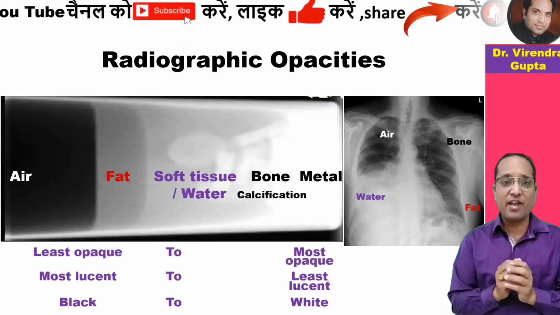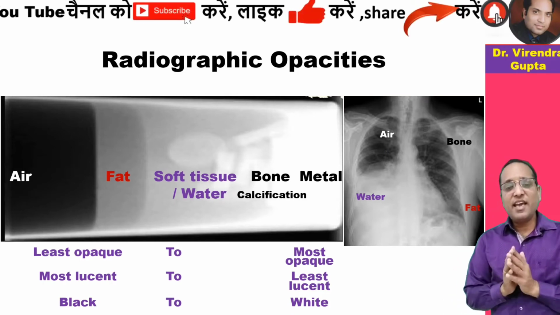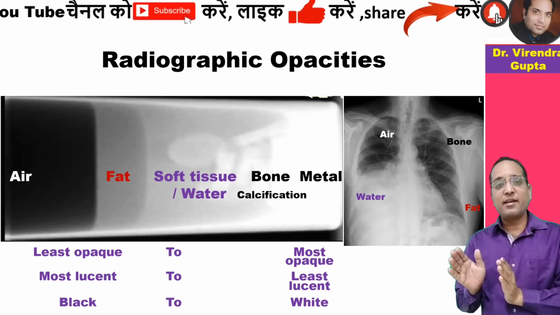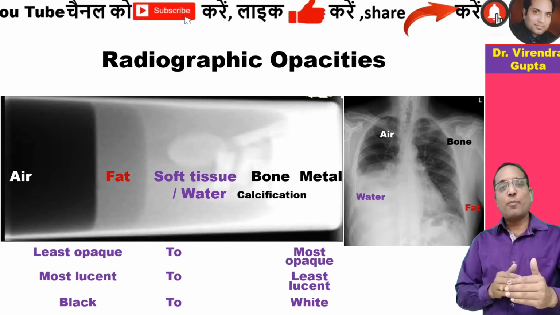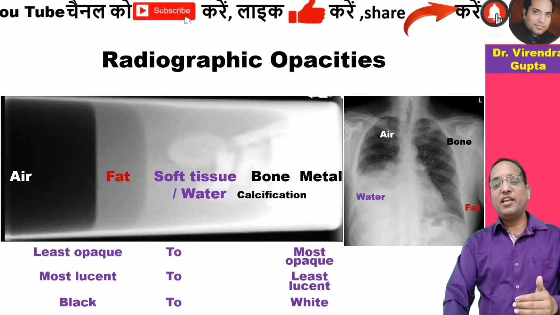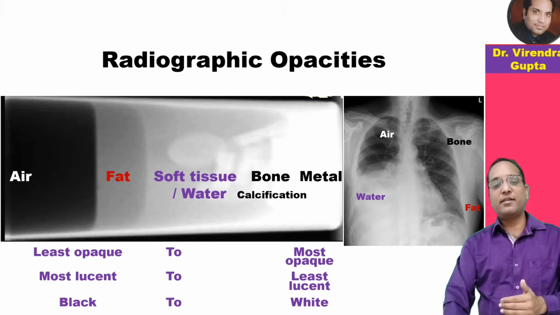So guys, radiographic opacities are very important. As in this picture, we can see from right to left we are increasing from the least opaque to the most opaque side, or from most lucent to least lucent, as black to white.